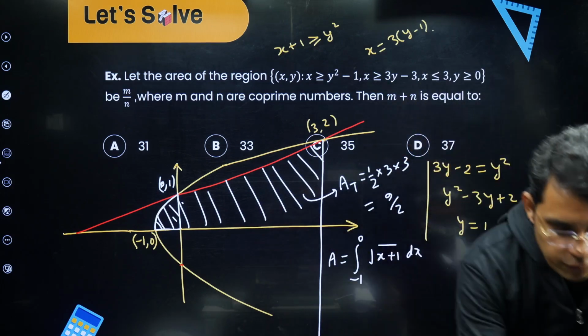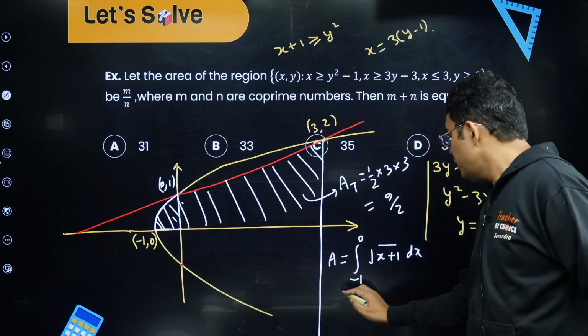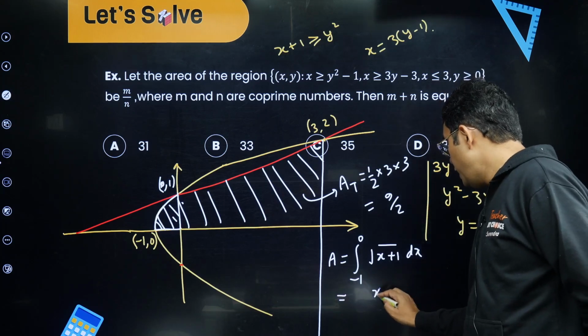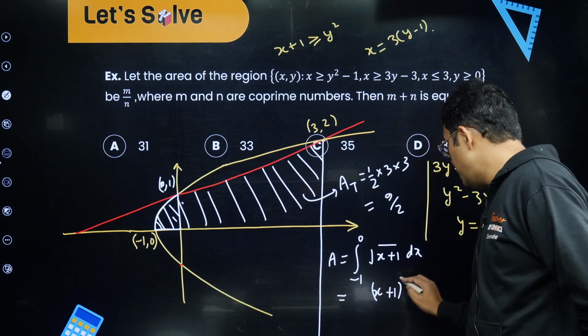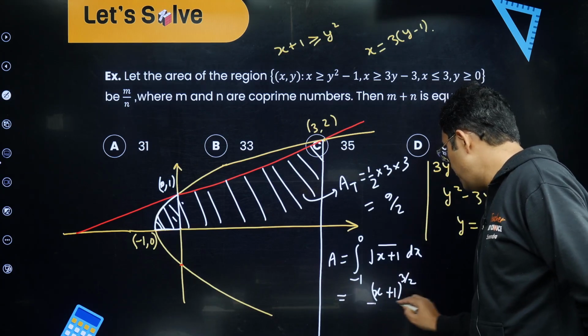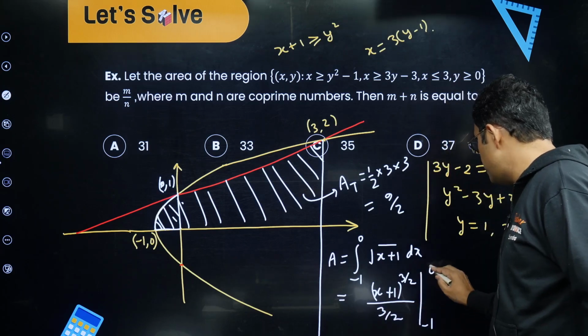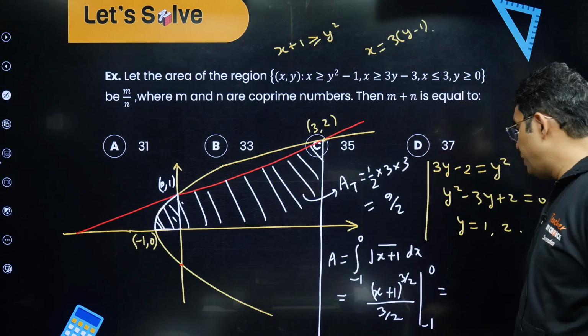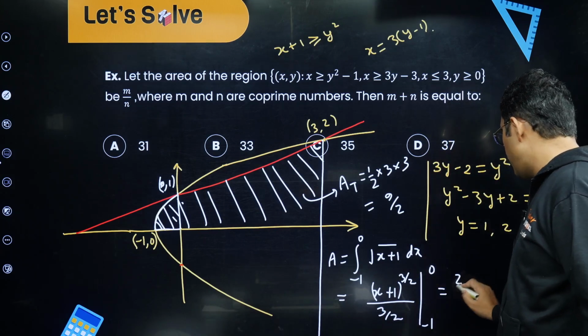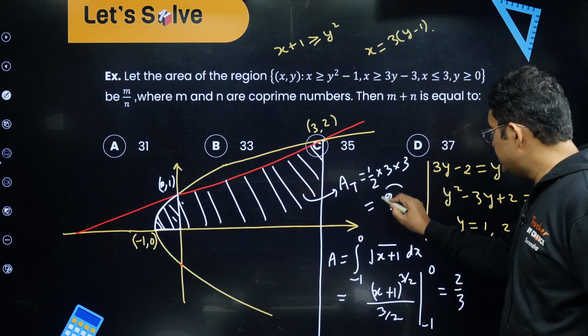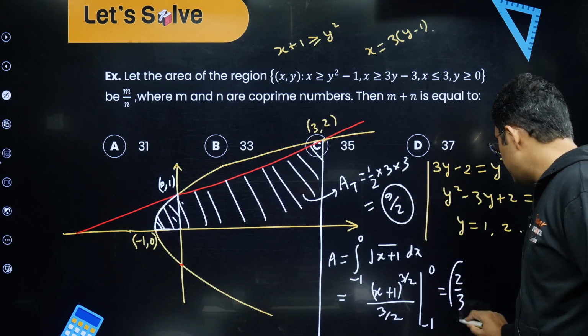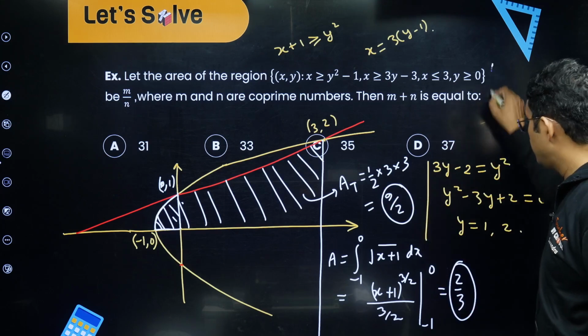If I do it this way, the integration will be (x plus 1) raised to the power 3/2, whole divided by 3/2, and we have to put limits from -1 to 0. For -1 it will become 0, for 0 it will be I think 2 upon 3. So the answer of this should be this plus this.